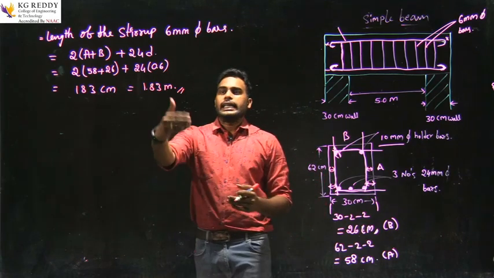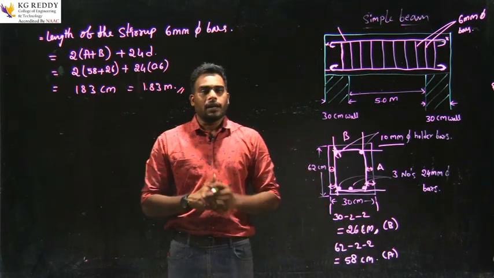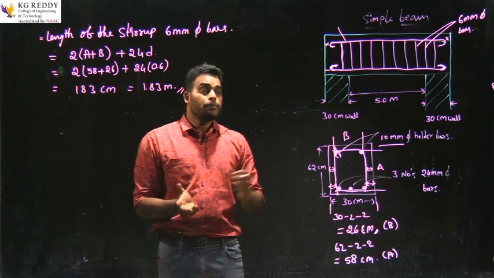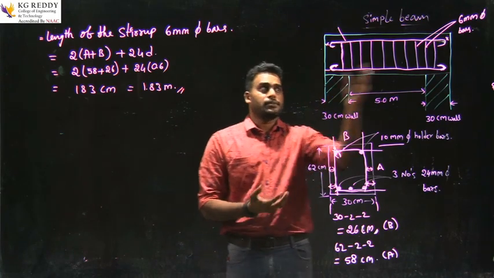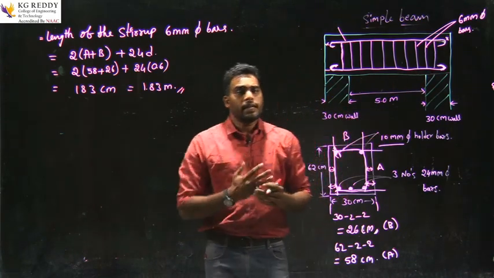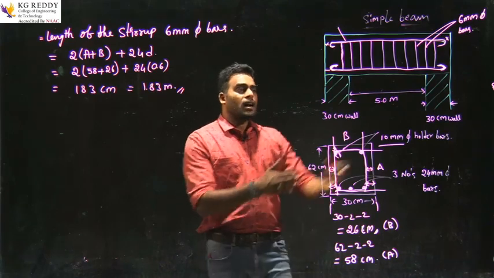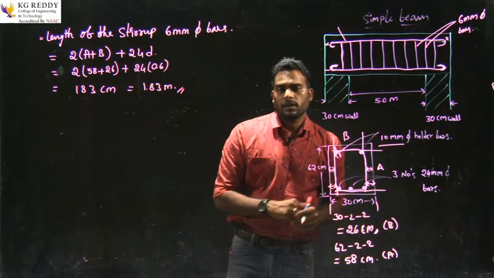Now after calculating this, we need to find the number of stirrups in the beam. How will we calculate? By taking the total length of the beam minus the end covers. This is one end cover and this is the other end cover, so we need to deduct 2 end covers: minus 2 into end cover.